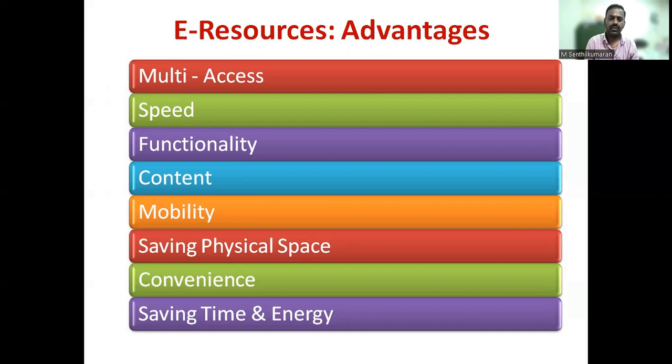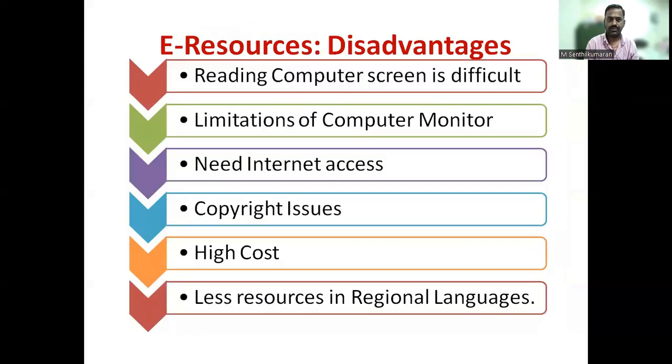The content is very vast and can be made into a single link and shared with anyone. Mobility is also easy and quick. It saves the physical space required in the library. It is very convenient for users, and it saves their time and energy.